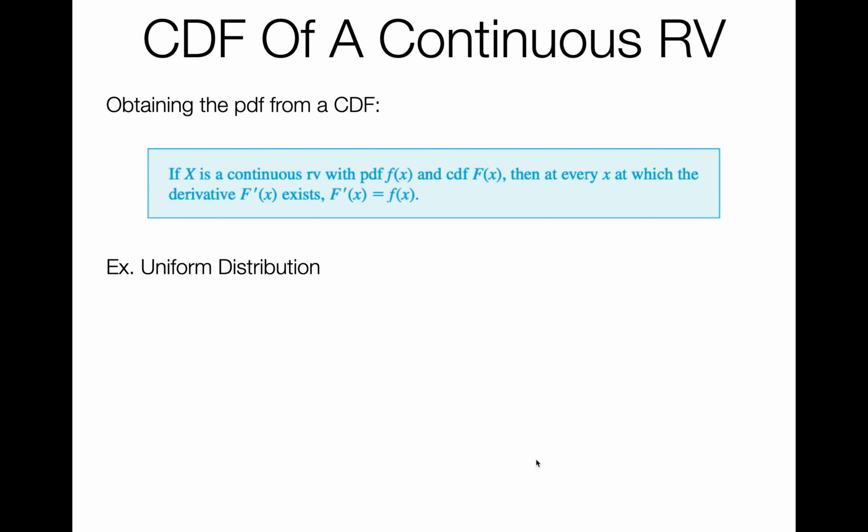They have this relationship: if X is a continuous random variable with a PDF lowercase f and a CDF uppercase F, then at every x at which the derivative exists, the derivative of the CDF is the PDF.